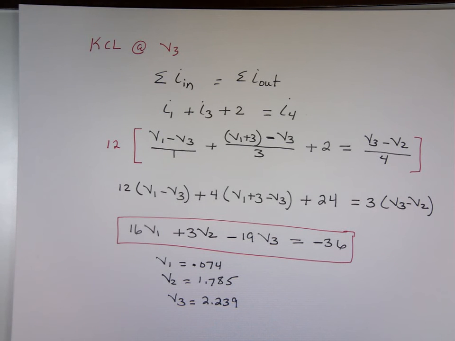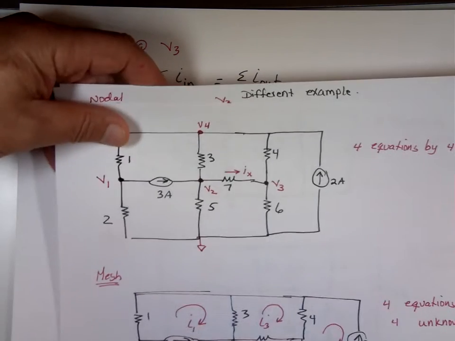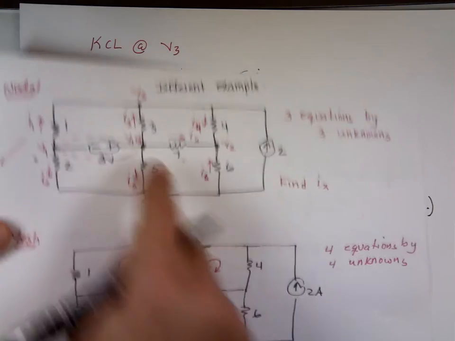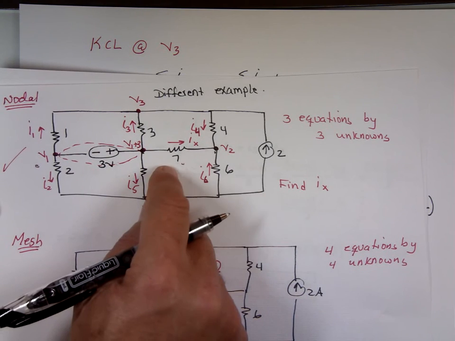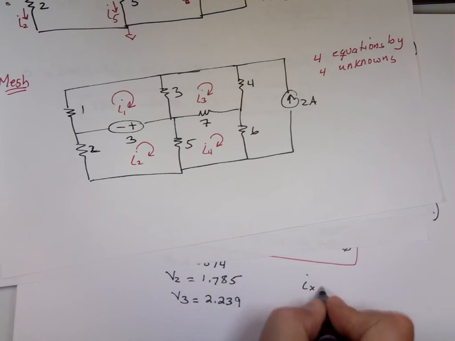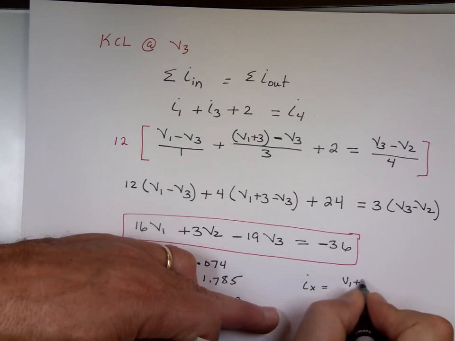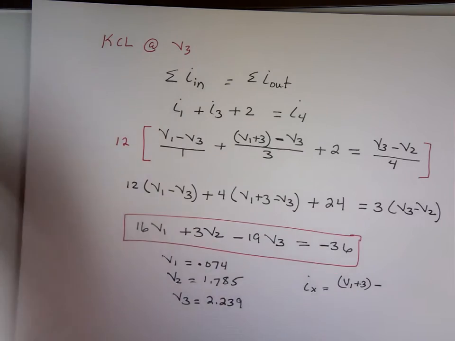I forgot what the question was. I think it was a current. Let me look back and see. What was I sub x? It wasn't this one. It was this one. I sub x is this voltage minus that divided by 7. So I sub x is equal to V1 plus 3 minus V2 divided by 7.